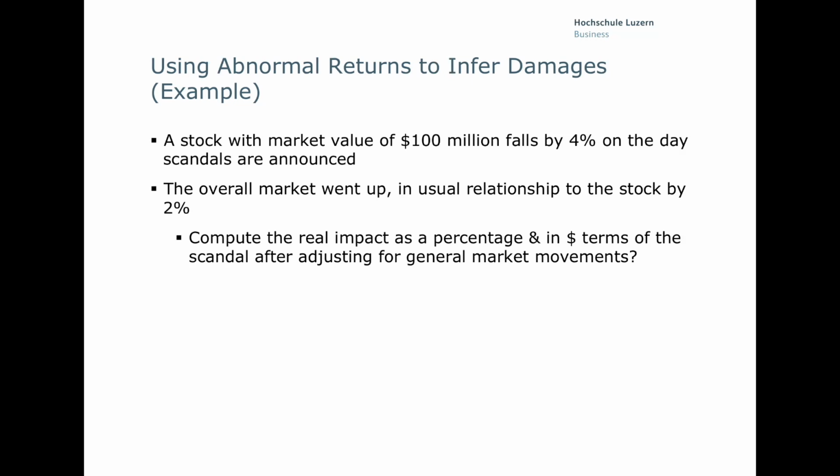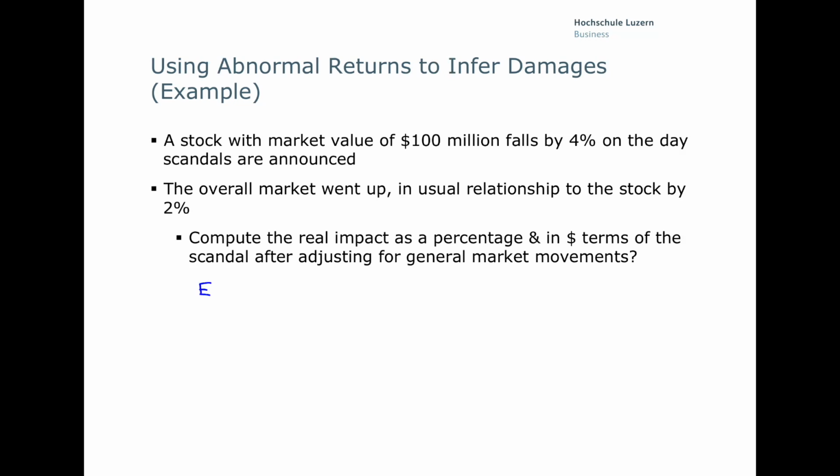The market indexes are up sharply, and on the basis of the usual relationship between the stock and the market, one would have expected a 2% gain on the stock. What would be the impact of the scandal on the stock as a percentage and in dollar terms?